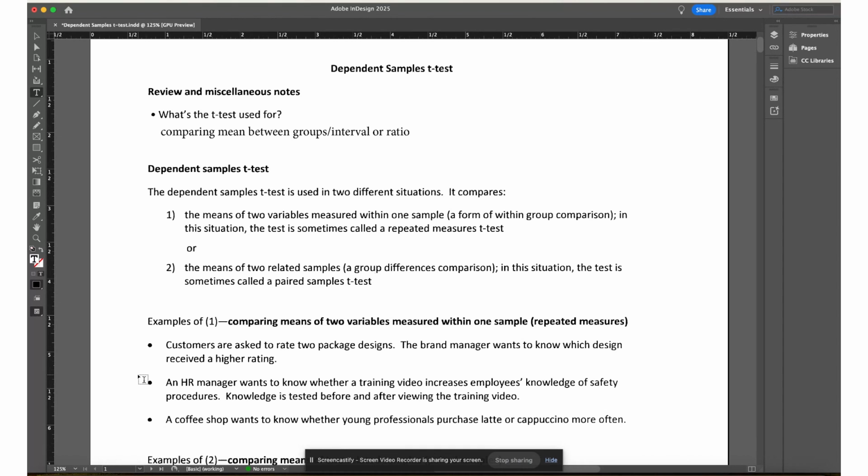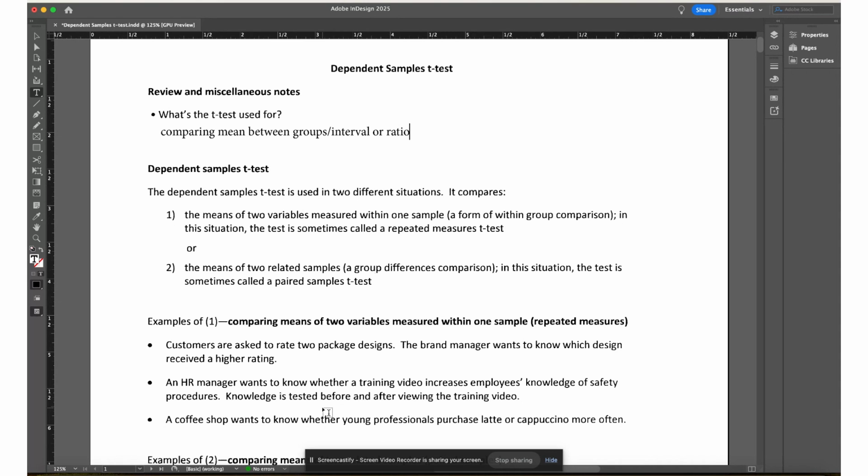And then in the next example, an HR manager wants to know whether a training video increases employees' knowledge of safety procedures. Knowledge is tested before and after viewing the training video. So we look at their score on a test, for example, before the training video and then after.